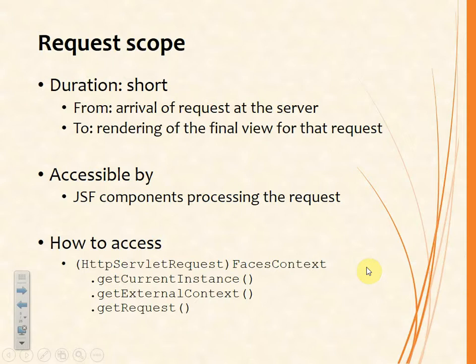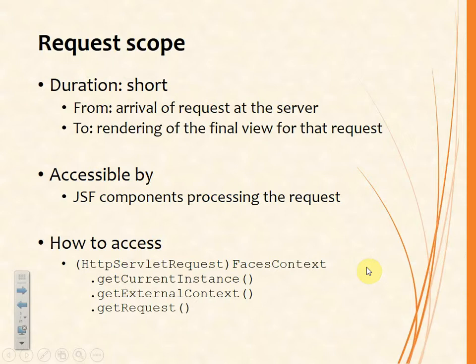Now, in Java Server Faces, we don't tend to see that object, but it is still accessible to us. That object will stay in existence for the duration of that request. So as soon as the final view for that request has been rendered and the JSF control servlet has determined that this is the end of the request, then that request object is deleted. So very short-lived, just a few milliseconds probably.